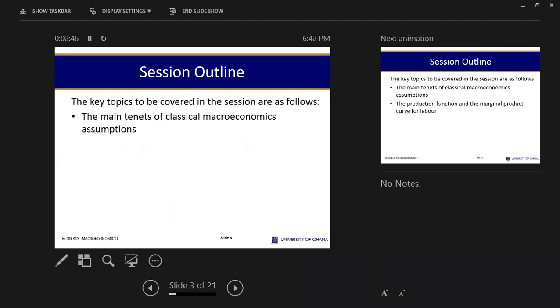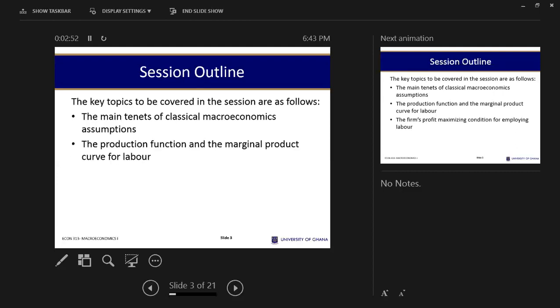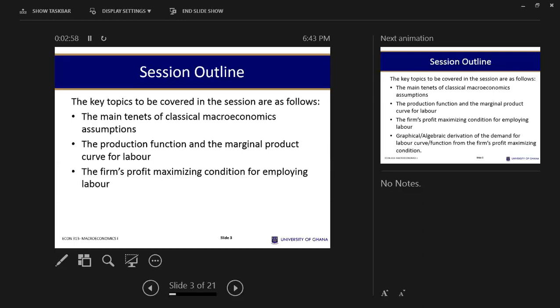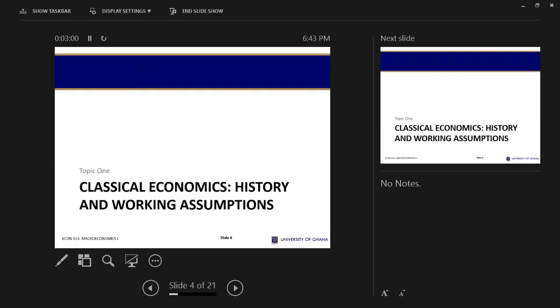So we'll look at the assumptions governing those old thoughts. And then we'll also look at the production function and then the marginal product curve for labor, as we stated earlier. I think these are all the things that we spoke about earlier. Right, so first we'll look at the history and then the working assumptions.